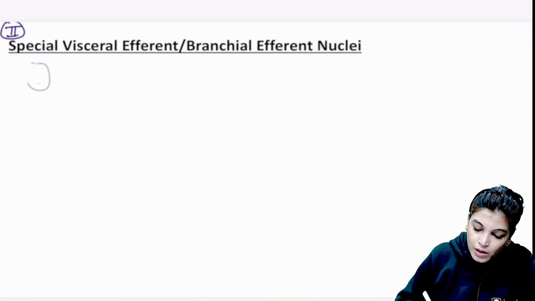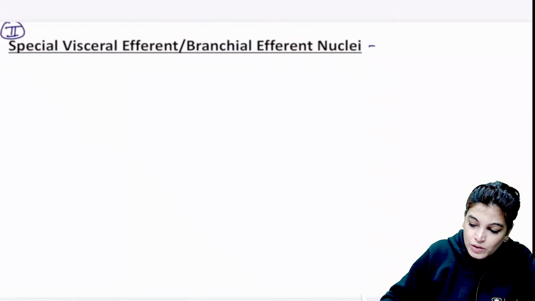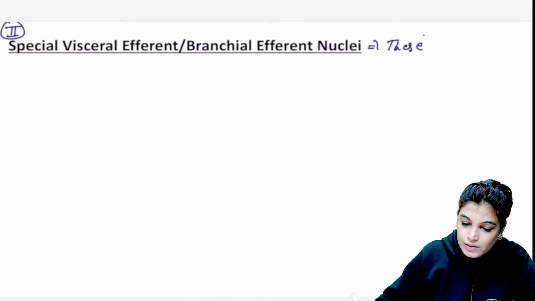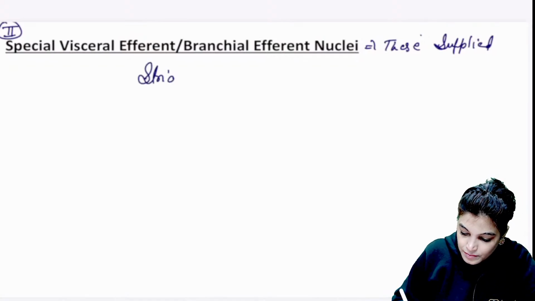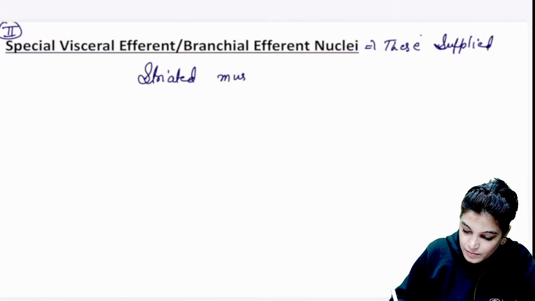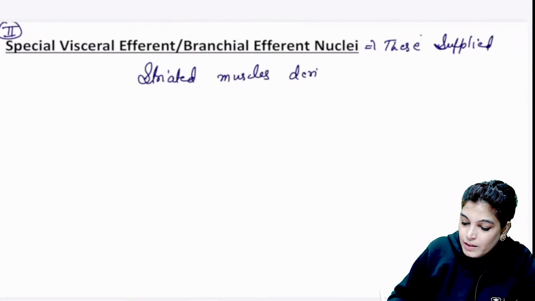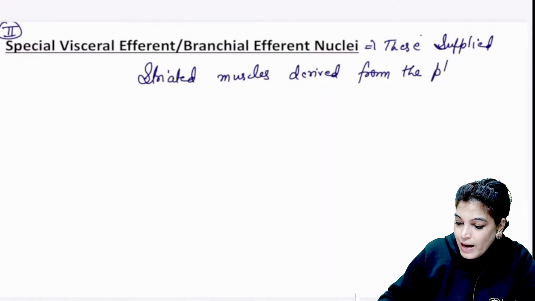So firstly, I want to write their function: these supply striated muscles derived from the pharyngeal or branchial arches.